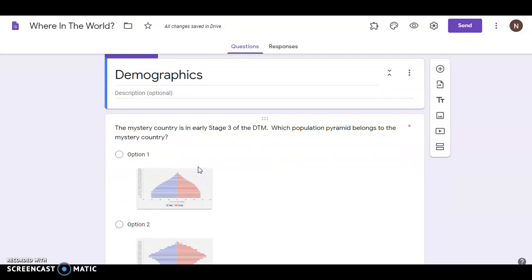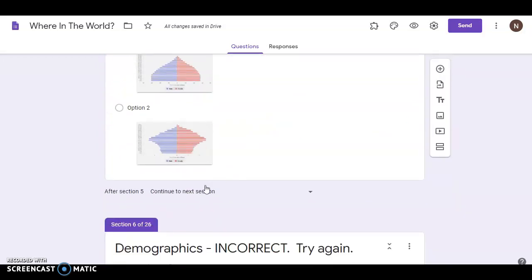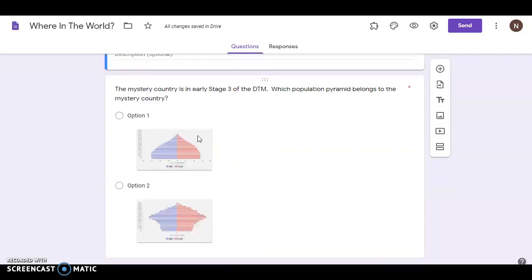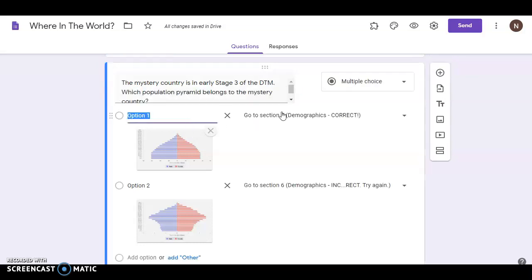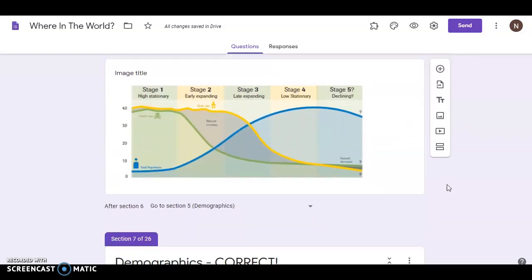And then there's the next question. I put it together with my multiple choice, and again, if they got it correct, they would go to demographics correct. If they got it wrong, they would go to demographics incorrect. And that's really all there is to it.